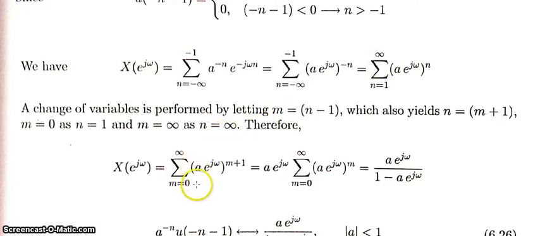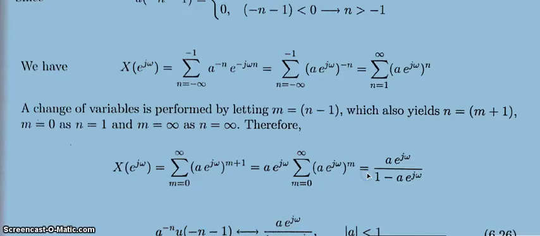Therefore X of e raised to j omega in terms of m is summation m equal to 0 to infinity a e raised to j omega whole raised to m plus 1. So the summation is with respect to variable m. Therefore from this term we can take a e raised to j omega outside. Summation m equal to 0 to infinity a e raised to j omega whole raised to m.